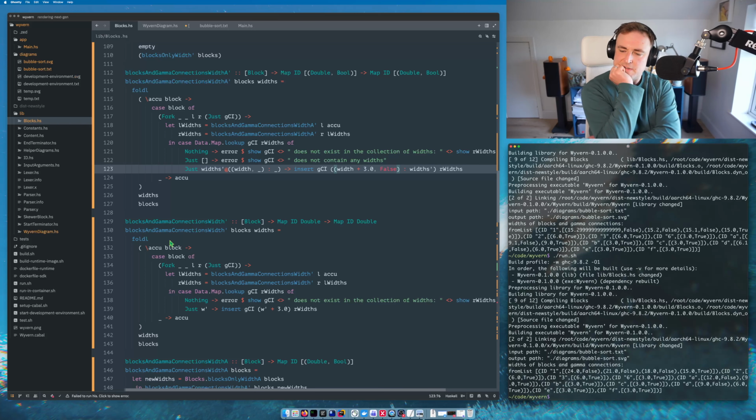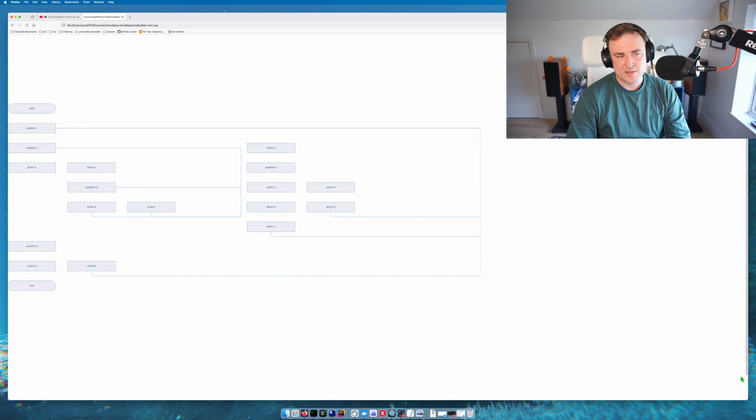But origin does not come into play. A's width should be whatever the width of D plus all its connections, plus its connections. But it's 12. Oh, so, you know what? This might actually be correct.